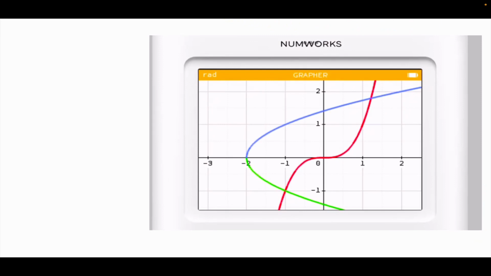So the area bounded. So it's a sideways parabola and then x cubed. X cubed is kind of that red one. Goes up, increases, then levels out, then keeps increasing.